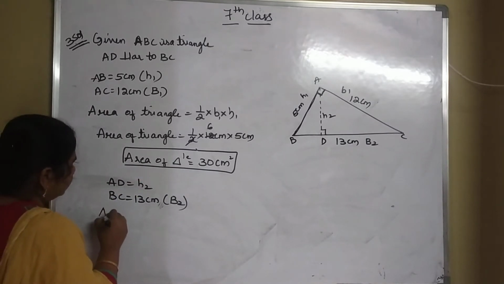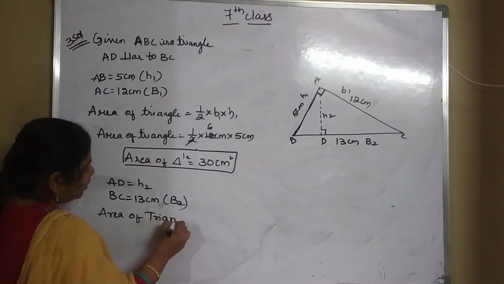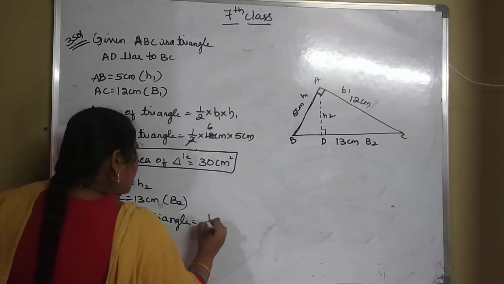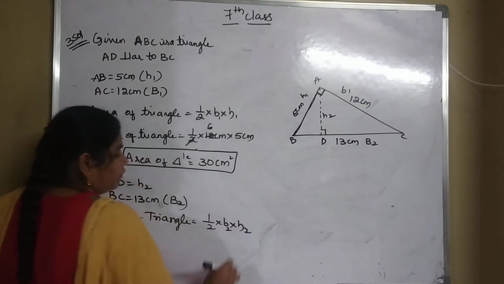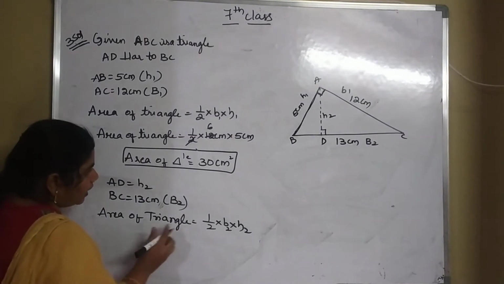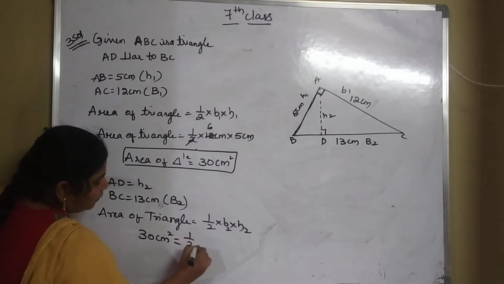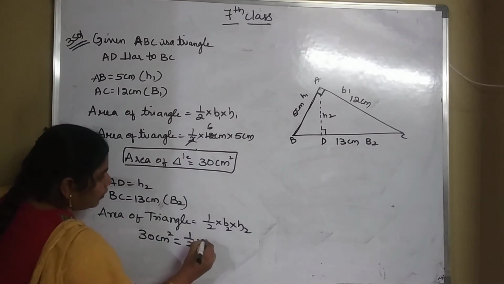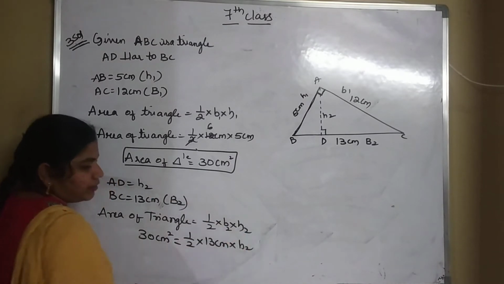Now area of a triangle is equal to half into base into height. We have taken it in the form of B2 and H2, so I am writing B2 and H2. The area of the triangle is 30 centimeters squared, equal to half, which is a constant value, B2 is given as 13 centimeters and H2 we have to find. I am writing as it is.